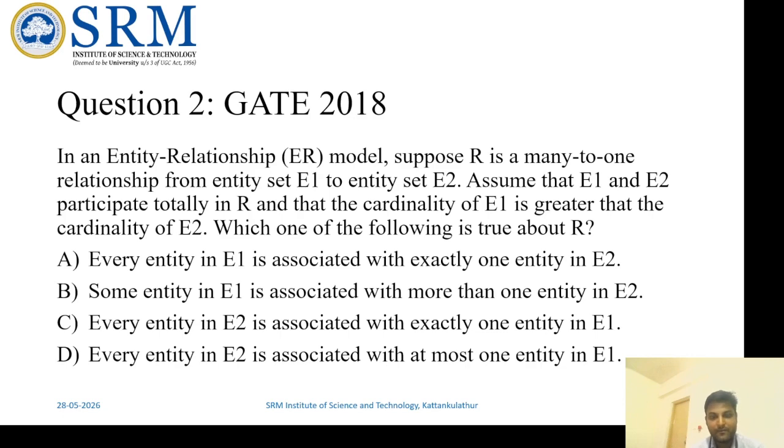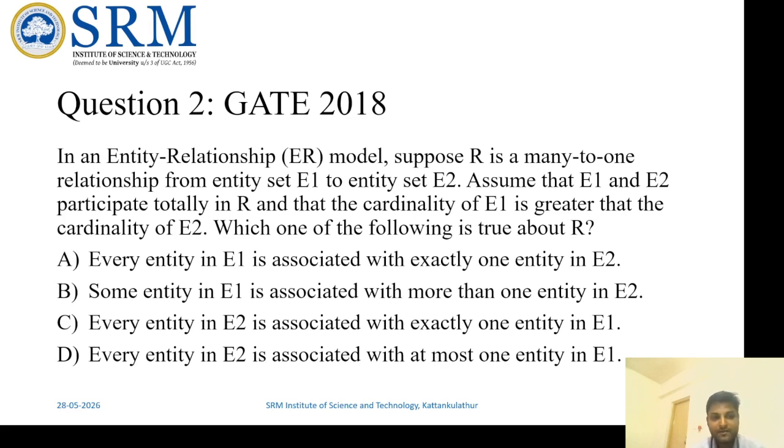It also says another thing, that E1 and E2 participate totally in R, and that the cardinality of E1 is greater than the cardinality of E2. Which one of the following is true about R? Now the options are like this. Every entity in E1 is associated with exactly one entity in E2.